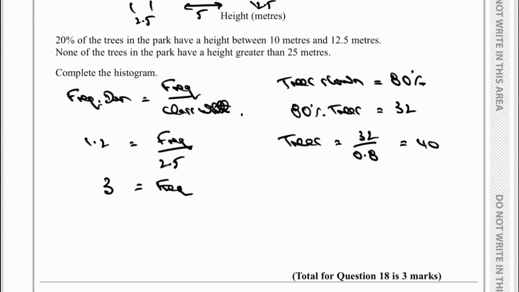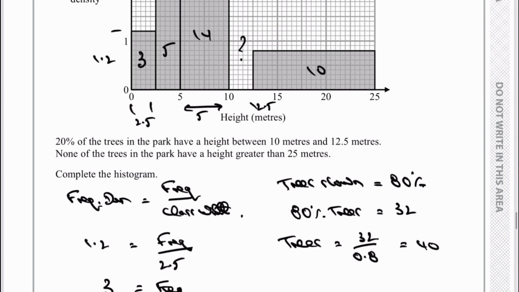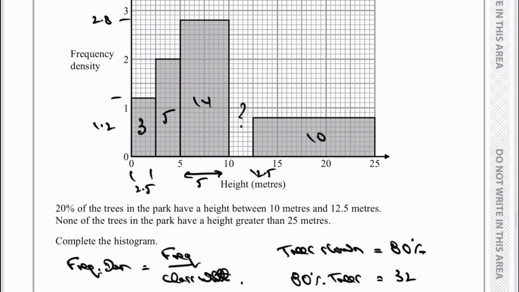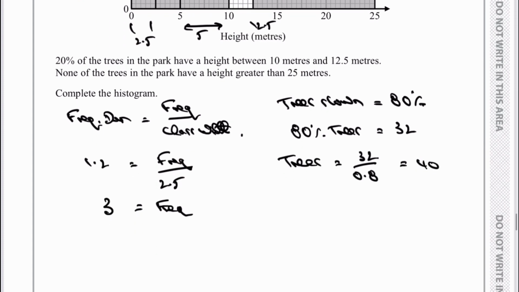Okay, so what we need to do then is complete the frequency diagram, the histogram. I know that 20% of the trees are going to be equal to 8, because that's the difference between 40 and 32.